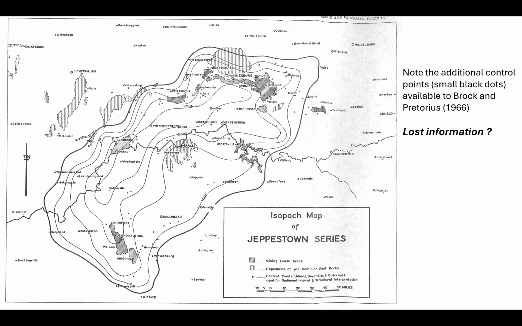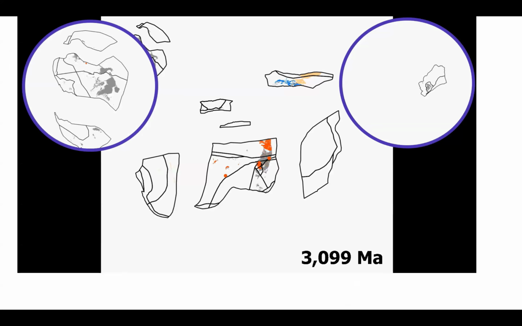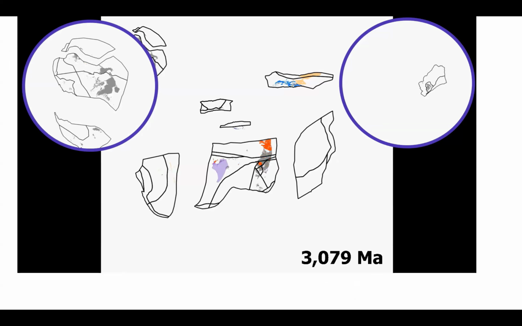But anyway, I'm going to use the Brock and Pretorius stuff. I'm going to ignore the thermal tectonic subsidence type approach that they obviously used in defining a basin, just knowing that they need to be truncated by faults, boundary faults, and work with that. So here we're coming through.